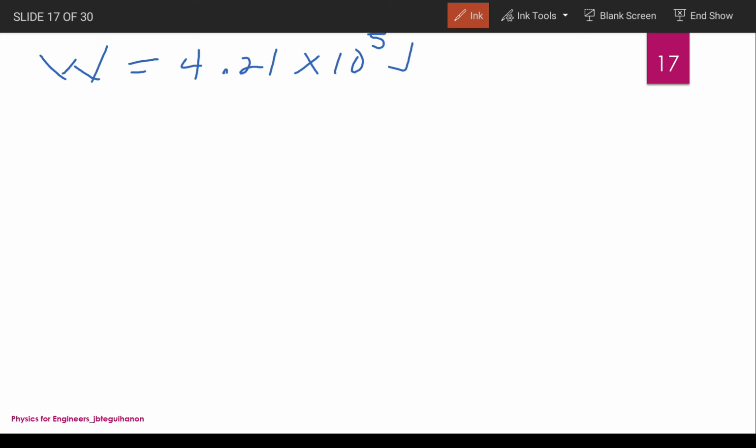So ngayon, ang gagawin natin, the power needed to provide this amount of work when time t is equal to 10 seconds is simply, ay ganito, not temperature but time, equal to 10 seconds.